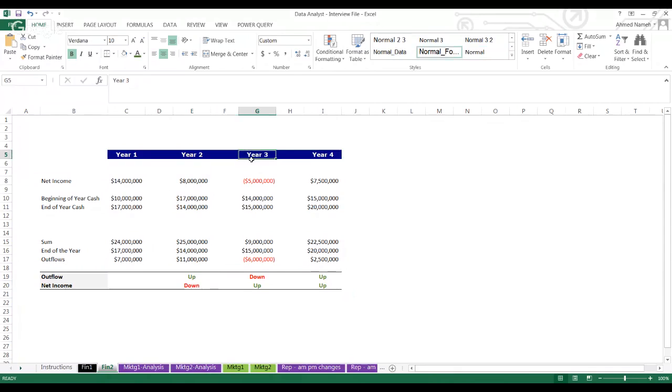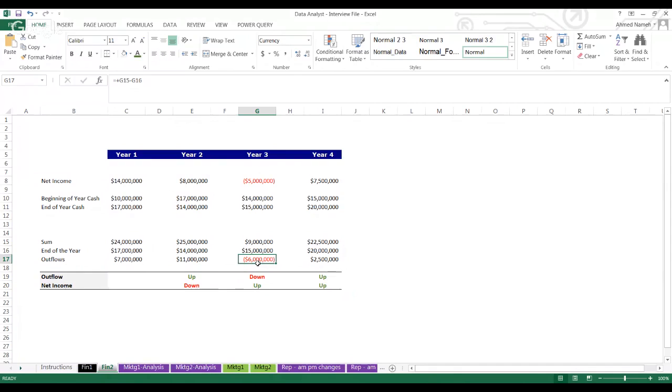Between year two and year three, this is when things get a little murky, and having that fundamental understanding of the difference between net income and cash is important when it comes to explaining why the numbers change in the way that they did. As you can see, between year two and year three, your cash outflows decreased.